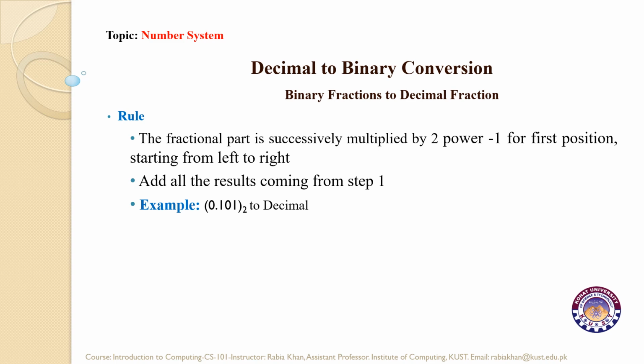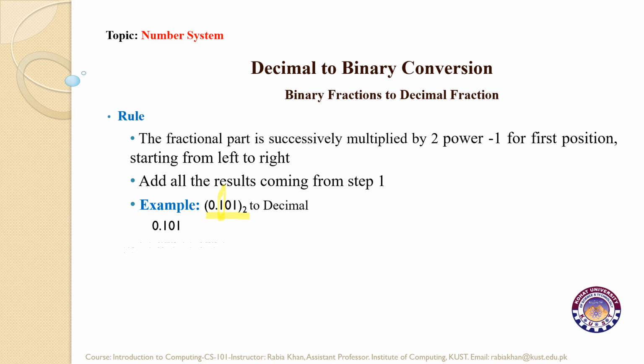As you can see, we have a binary fraction 0.101 in base 2, and we need to convert it to a decimal fraction. So what we have to do is start from the very left, from here, and multiply it with 2. The power of 2 will start from -1.